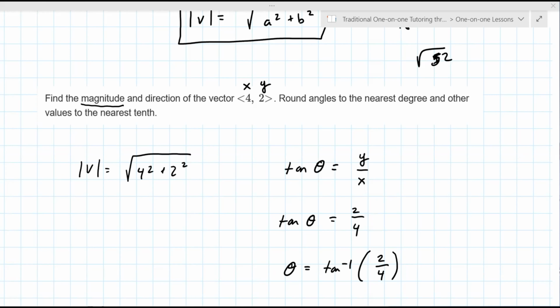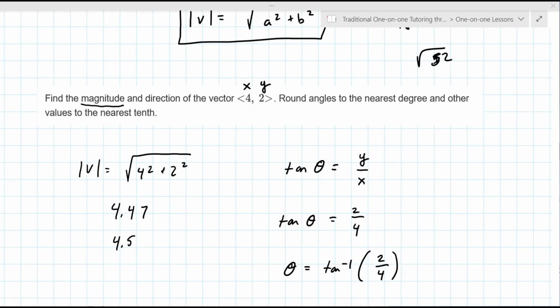Okay, so when you're rounding to one decimal place, you look at that 7. So then that would become a 5. Yes. So 4.5. Okay, and what's the angle? The angle is 26.5. Okay, very good.